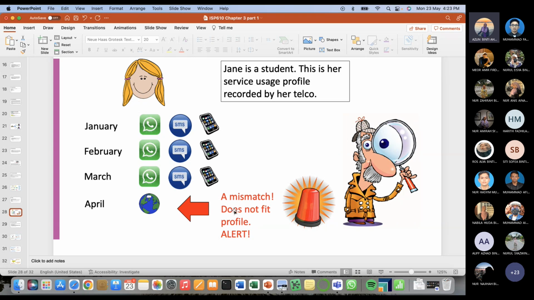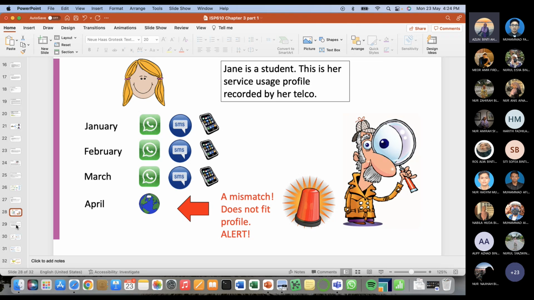So dia mismatch with the profiles yang sebelum ni dia banyak on messaging untuk calls kan, tiba-tiba nak internet je, so dia akan bagi alert lah. Dia bukan kata macam 100% betul, tapi maybe mungkin ada fraud ke apa benda, ada mismatch dengan dia punya profile. So maybe telco company tu boleh verify dengan the customer balik. Okay.